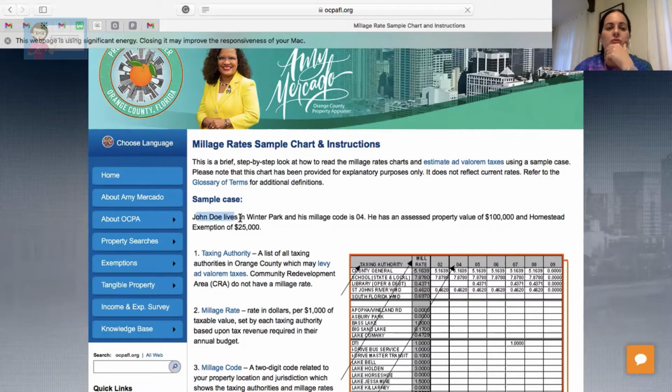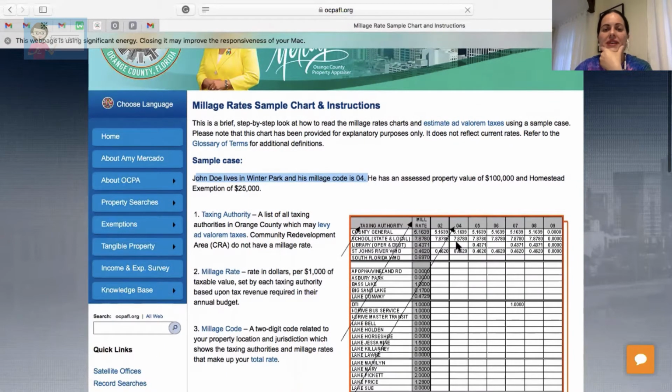So John Doe lives in Winter Park, and his millage code is 04. Notice that when you have the taxing authority, you're going to have different codes. In this case it's Winter Park, so they use millage code 04, and the assessed property value, remember, is the value that the property appraiser gave, not the market value.